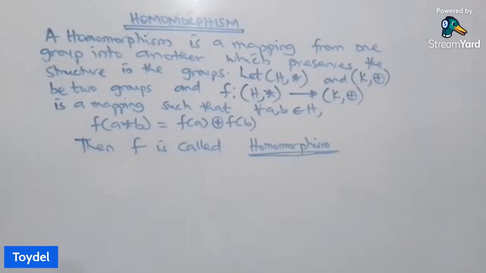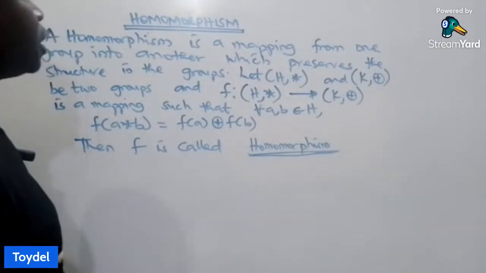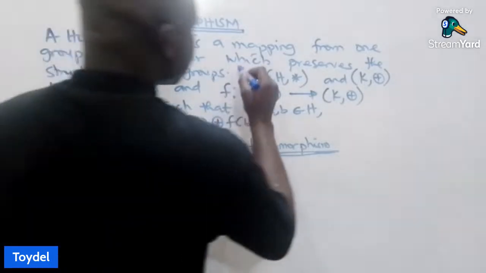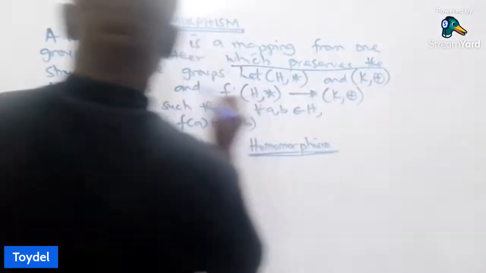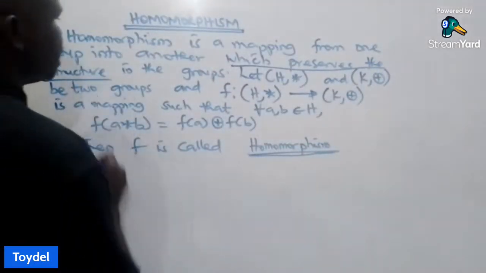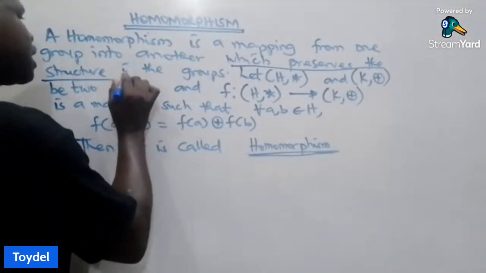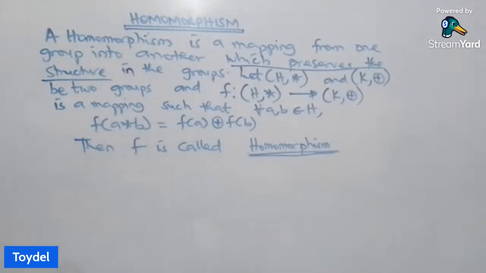Our homomorphism is a mapping from one group into another, which preserves the structure in the groups. That keyword is important.